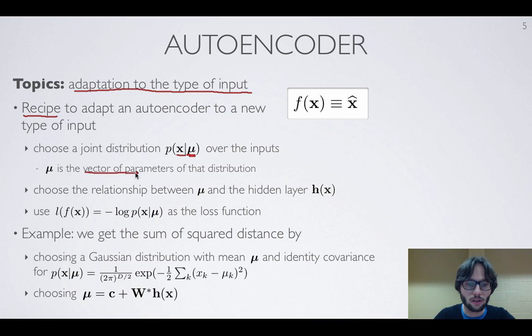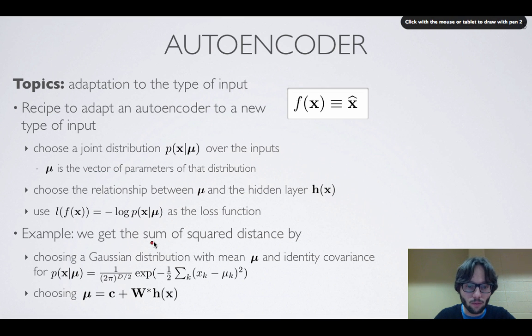So it's going to be the vector of parameters of that distribution. And then you choose some parametric relationship between mu and the hidden layer computed by the encoder. In our case, we usually have something like a linear transformation and possibly a nonlinearity. And then the loss function we'll use will just be minus the log of the probability of x given mu, where mu here depends on h of x. And so we'll just use that as the form for the loss function.